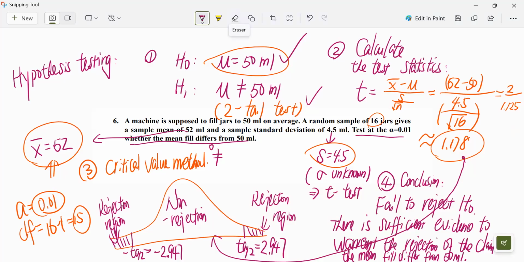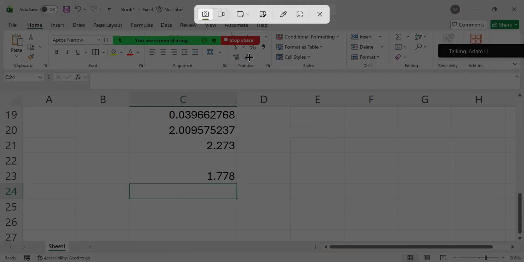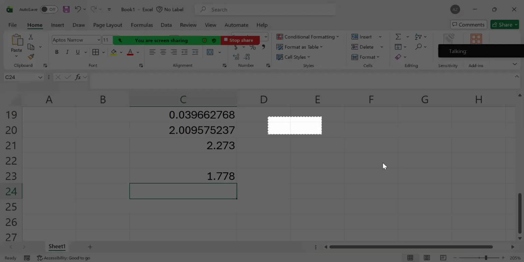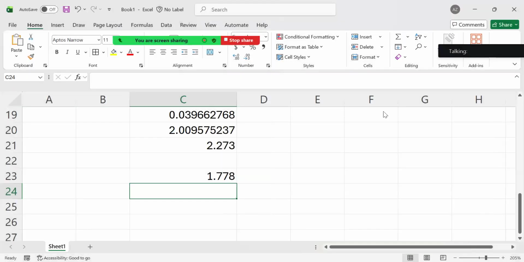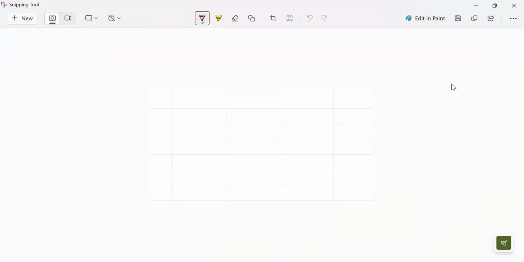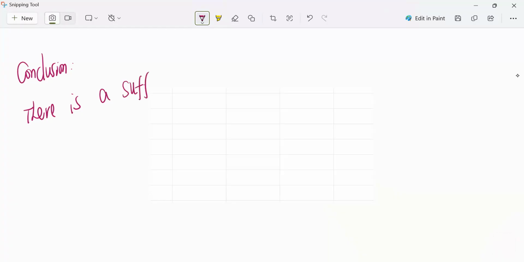Let me just rewrite the conclusion here. So the conclusion is that there is sufficient evidence to warrant rejection of the claim that the mean fill differs from 50 milliliters.